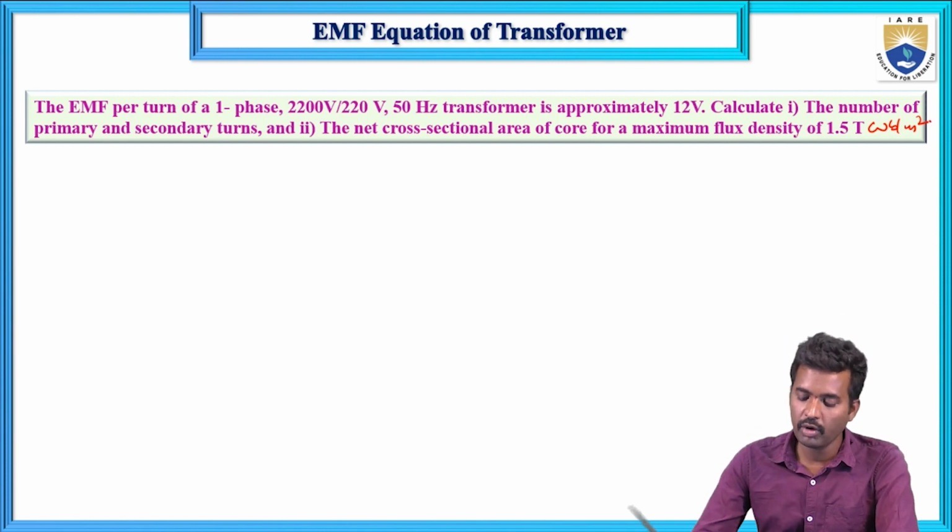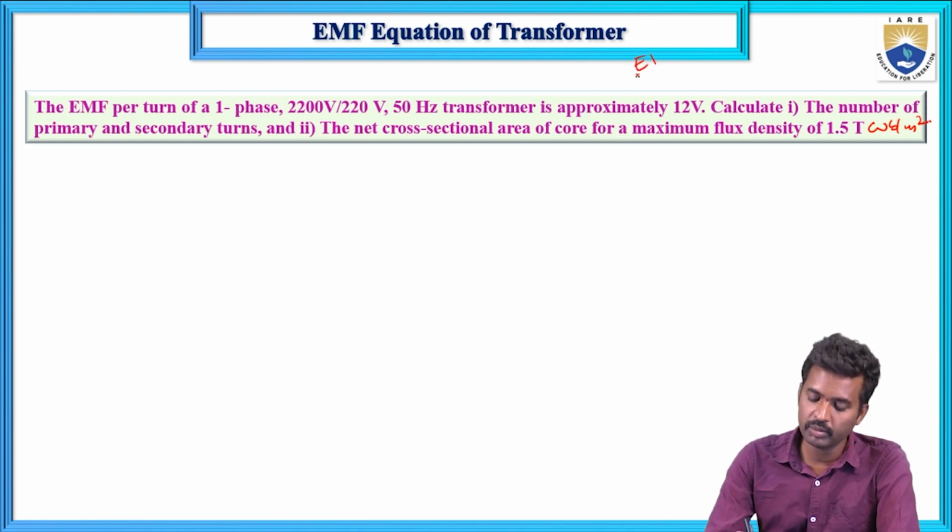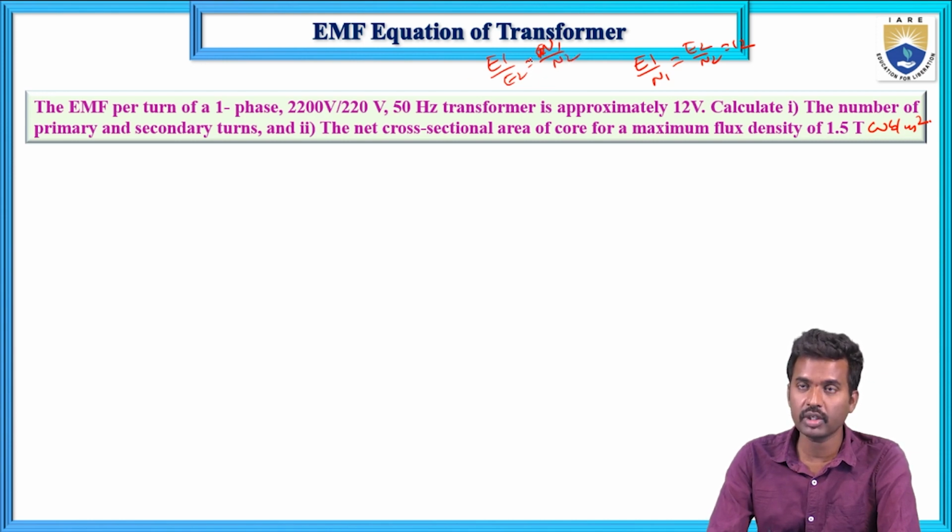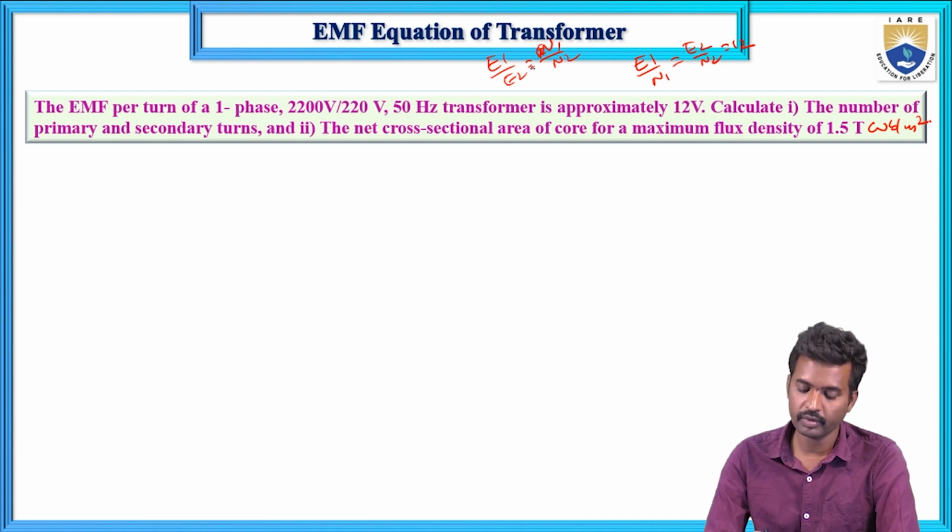Now here, EMF per turn means E1 by N1 equals E2 by N2, that equals 12. So we know this formula, E1 by E2 equals N1 by N2. If you perform cross multiply for this equation, E1 by N1 equals E2 by N2, that is 12 volts.